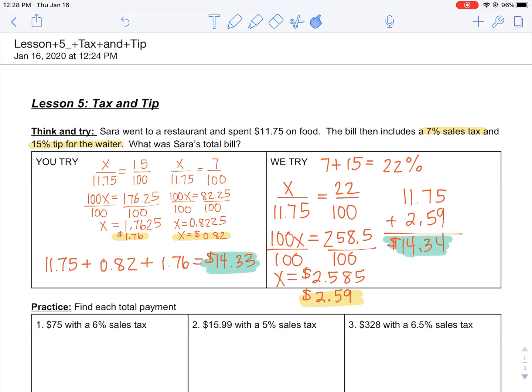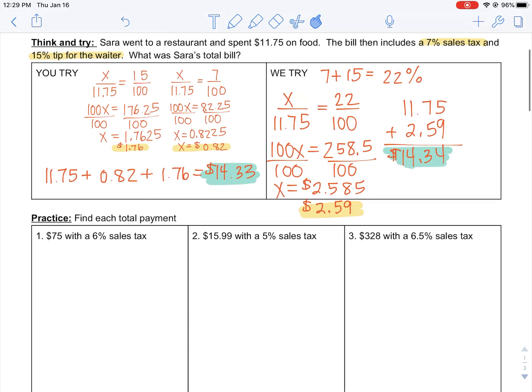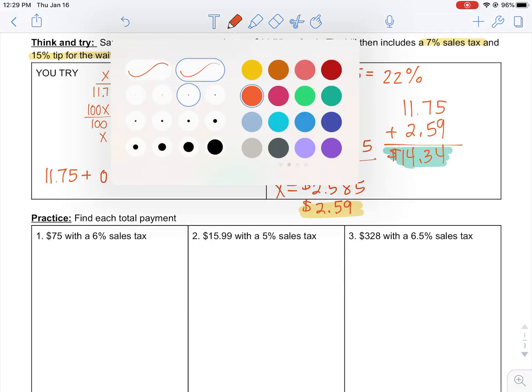Okay, so two different approaches: two separate proportions and add them together, or one total and add them together. If I ever have to have a tax and a tip, I'm going to put them together first.